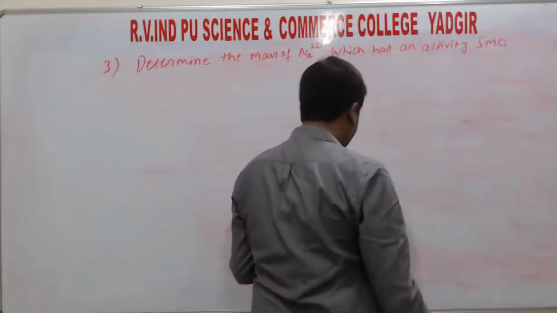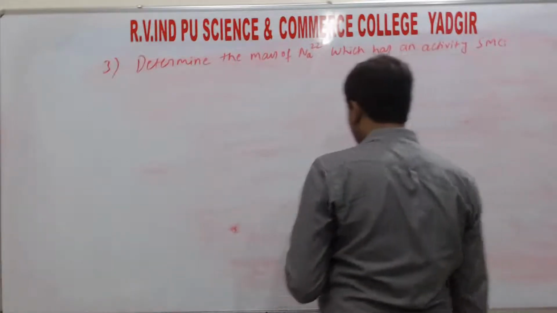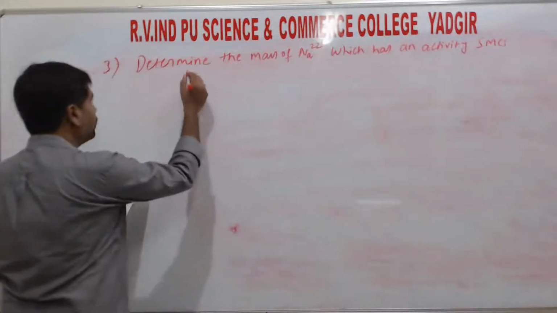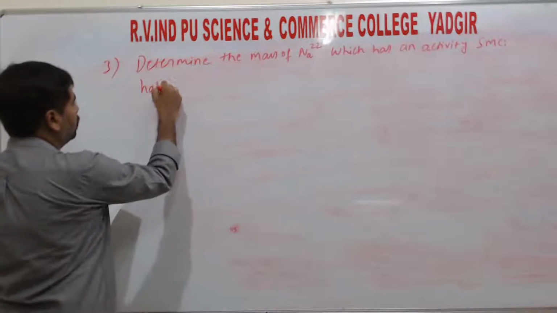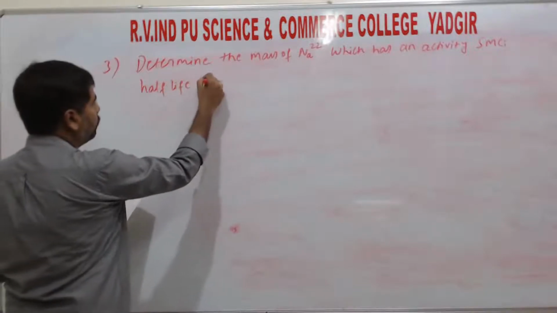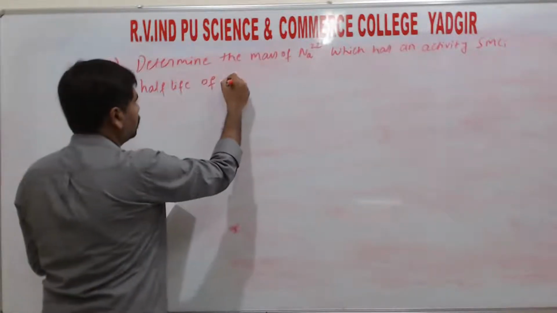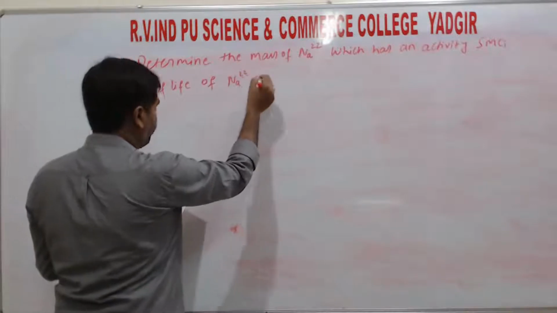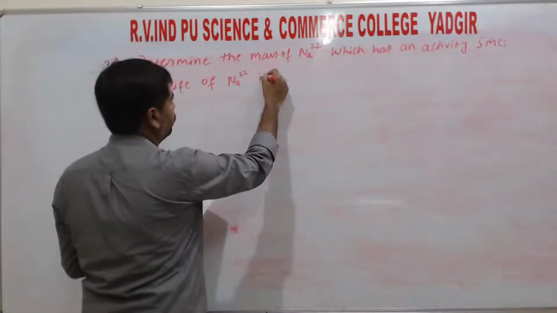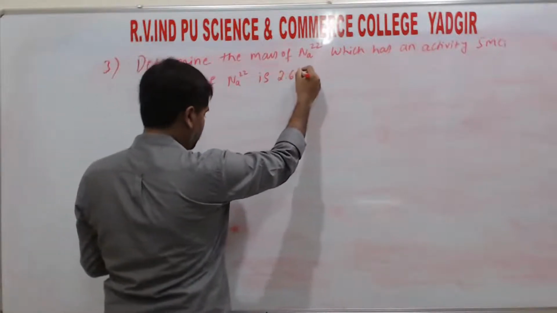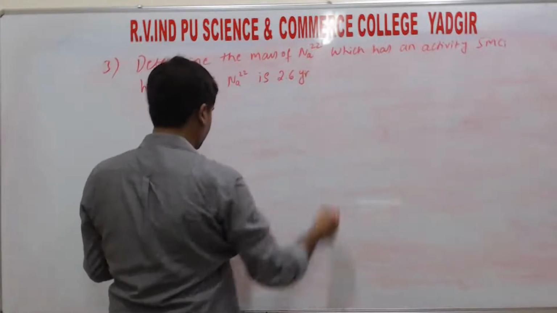So M represents milli, 5 millicurie. Half-life of Na22 is 2.6 years.